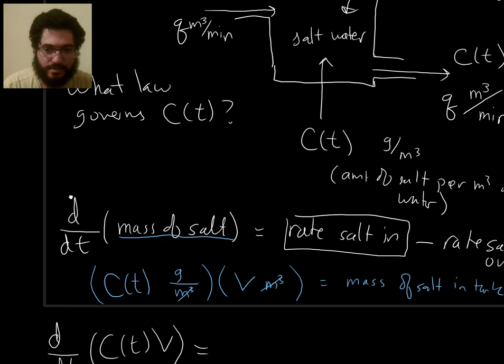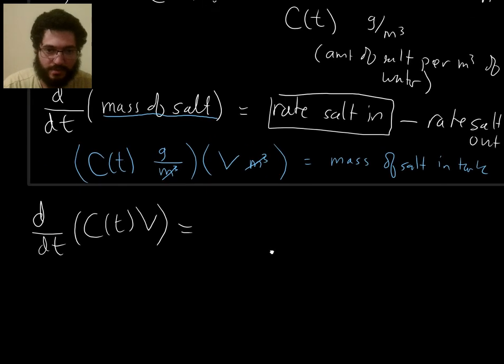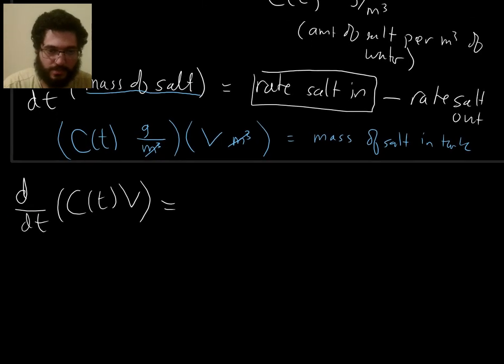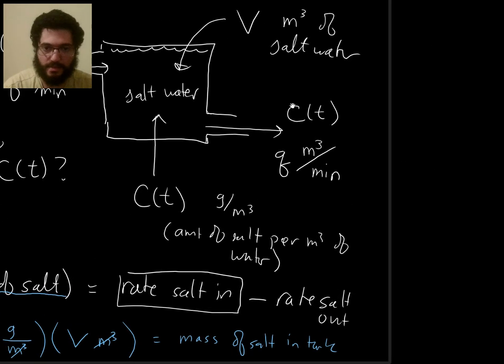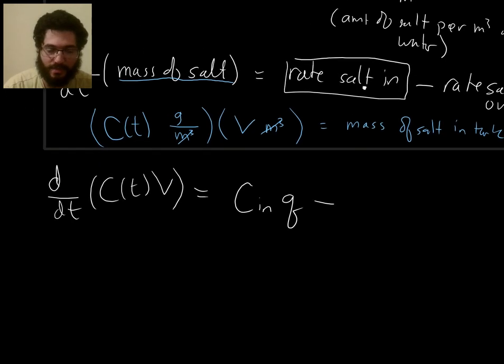So that's the rate at which salt comes in. Continuing to fill things in here, I have C in times Q. And then I'm supposed to subtract the rate at which the salt leaves. Looking at this area, for the same reasoning as before, it's going to be Q times C: C grams in every cubic meter, with Q cubic meters leaving every minute. So C times Q grams leaving every minute.